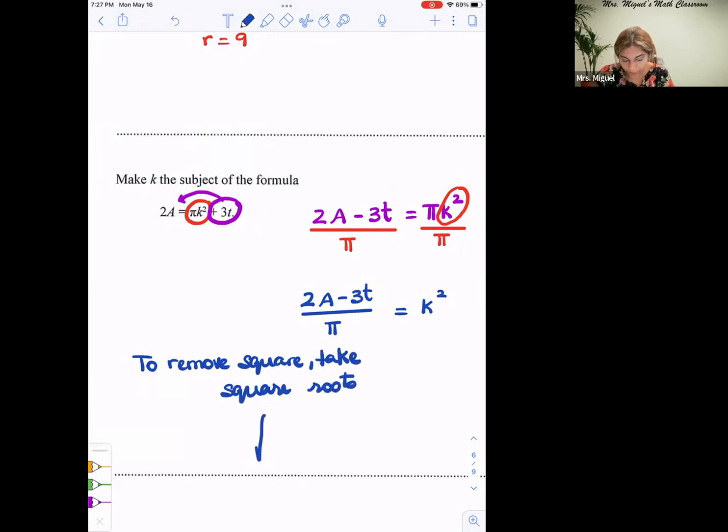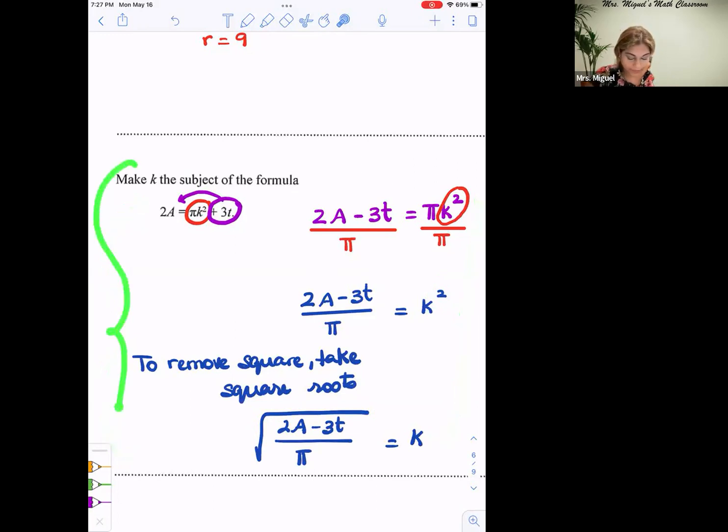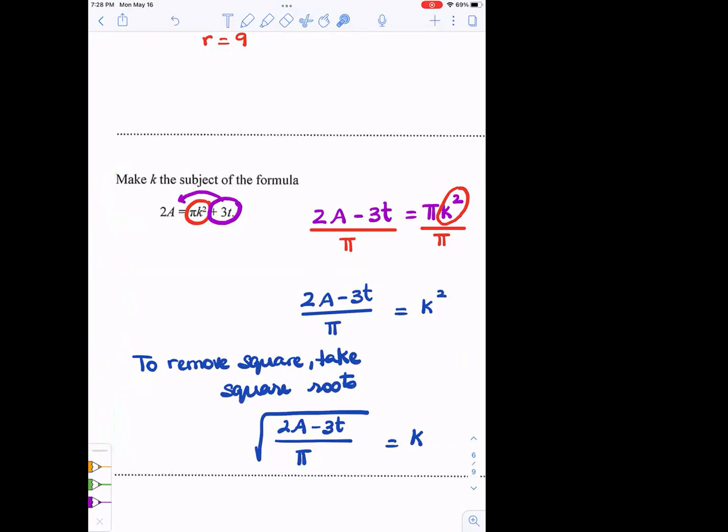So therefore, the square root of 2a minus 3t on pi is equal to k. I can remove the square here by taking the square root. And that is my answer. So I can't see anything too difficult here that you can't get this 2 marks. So take down what you need. Let us continue.